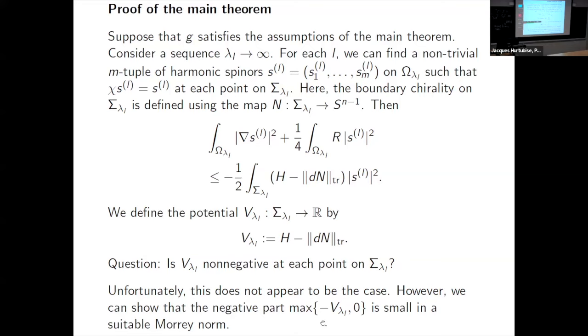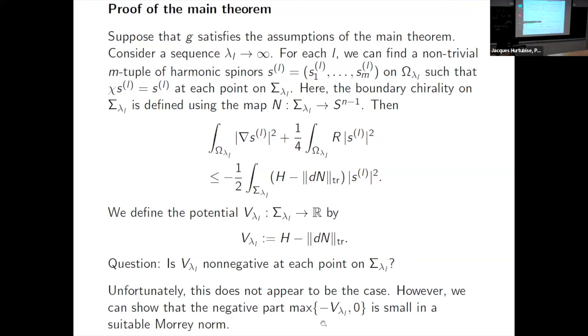However, what you can show is that this term B lambda L is non-negative, sort of to leading order. So you can show that the dominant contributions have a good sign, and then the error terms that come from the smoothing may have an unfavorable sign, but you can show that they're small.